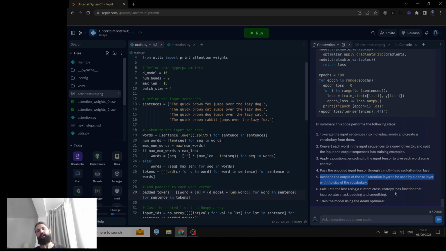Okay, so that's kind of the magic, right? So are you telling me that the attention then... Apply positional encoding to the input tensor, to give each word some context. Yes. Pass the encoded input to a multi-head attention layer. Is it that then we're mapping with a neural network the attention stuff?